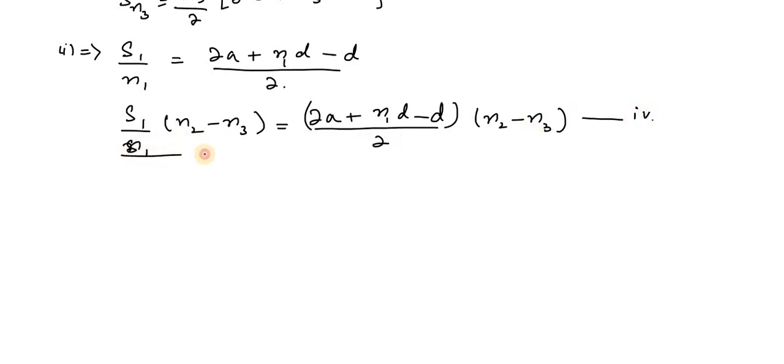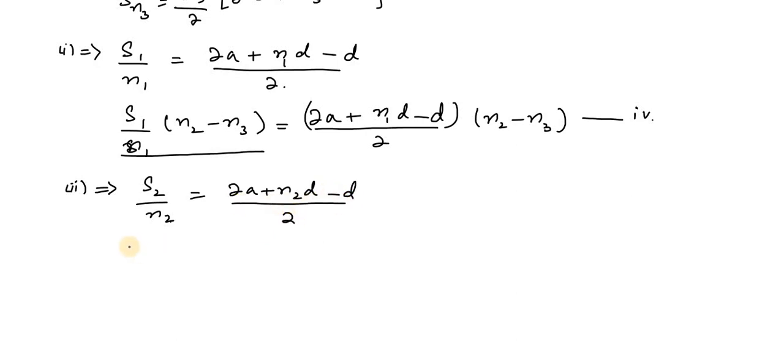This is the term given in the question. Similarly, from equation number 2, S2 upon N2 is equal to (2a plus N2 D minus D) upon 2, and we multiply S2 upon N2 with N3 minus N1 on both sides.